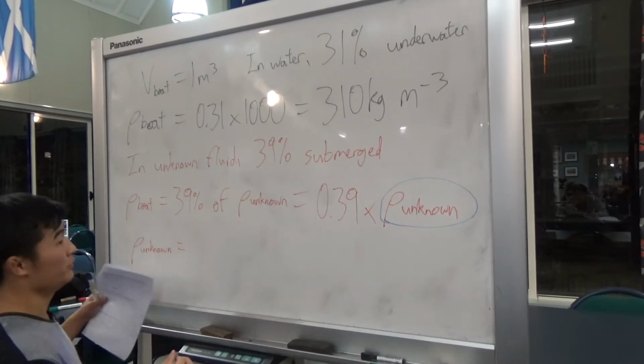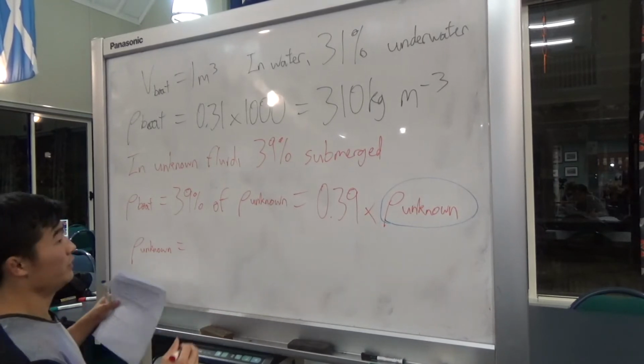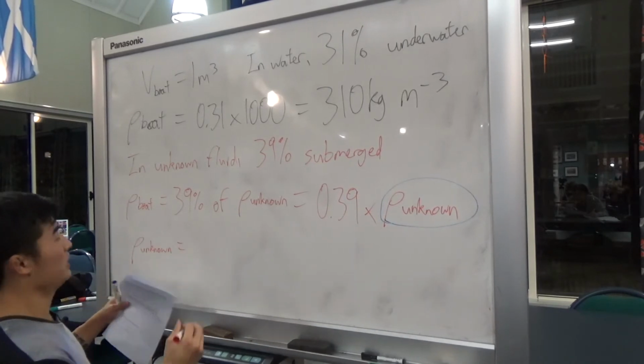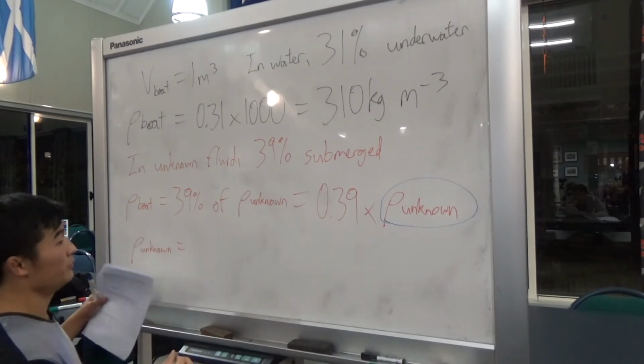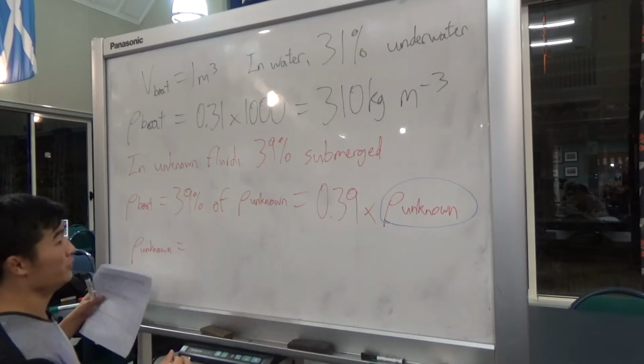So that's 0.1 divided by 4, which is equal to 0.025 meters squared.